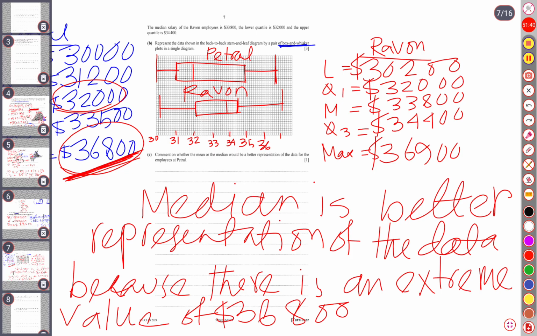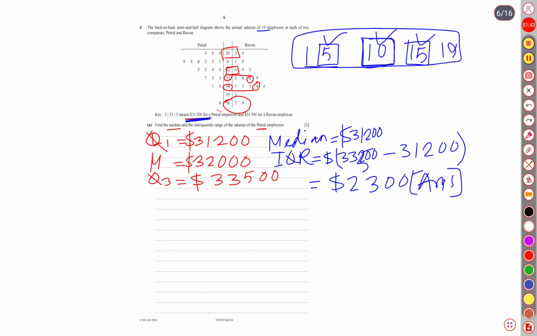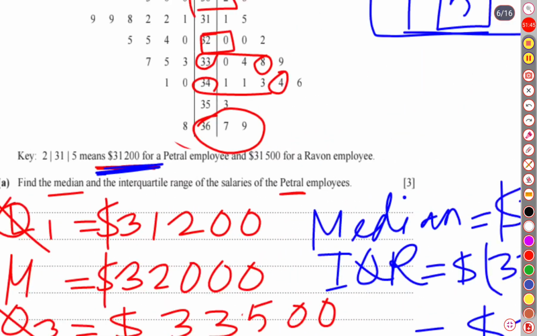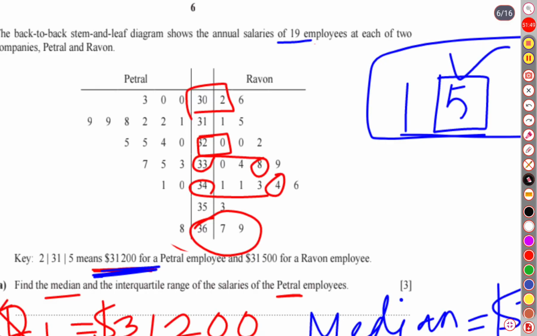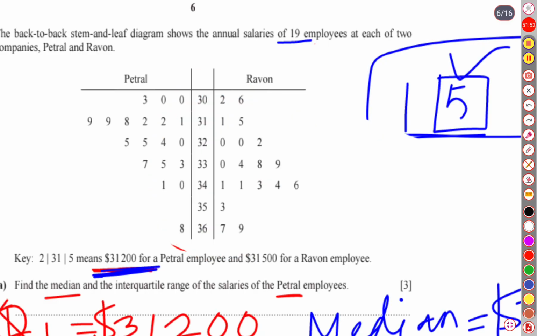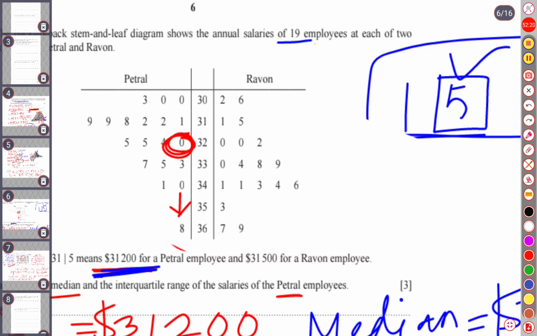If I show you here, look at this, page number 6, it is all about petrol. Where is the median? Median is over here. This one is the median, it lies at the central position. But if you find mean, there is a huge gap in between this data. That's why it will not be as accurate as the median. So let me show you the final answer.